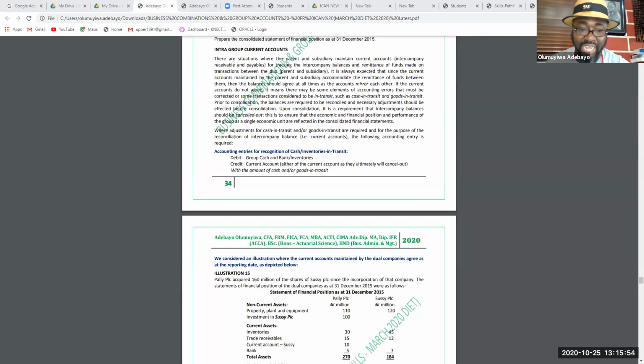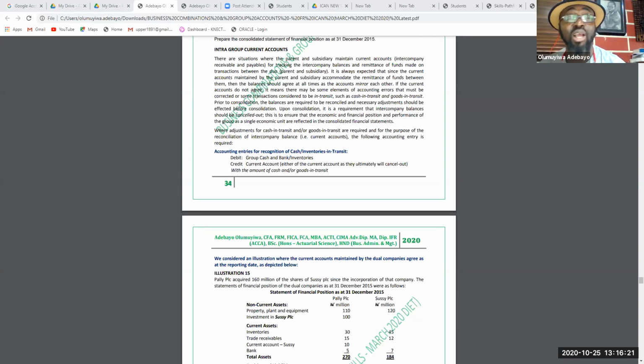It simply means that if the parent says receivable from subsidiary is 10 million, the subsidiary should also say payable to the parent is 10 million. If we are in that trajectory, we say the intercompany balance is in agreement, and we can proceed straightforwardly in eliminating such intercompany balance. That is the first level we need to consider.